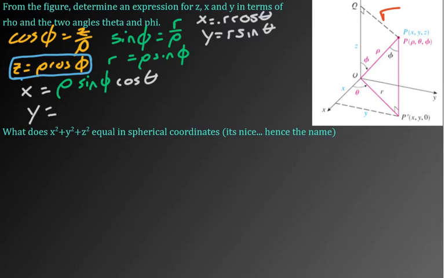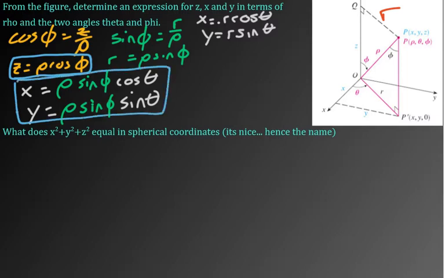And y equals r, which is rho sine phi, times sine theta. Those are the other two that you need. These I get from doing triangle trig with this upper triangle, and also recognizing that this r matches up here too, because it's like a rectangle.